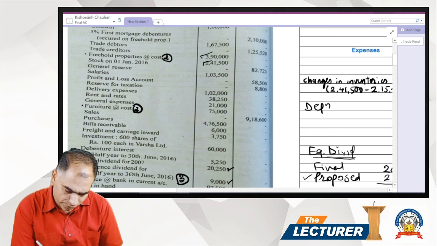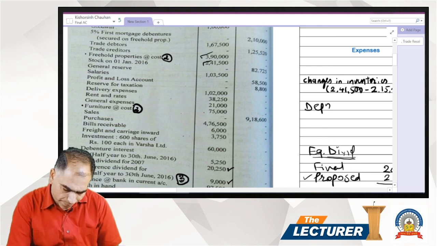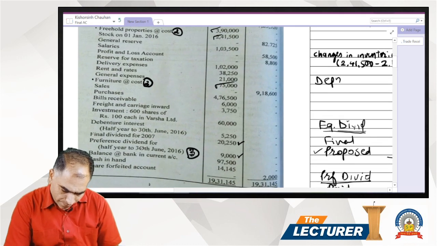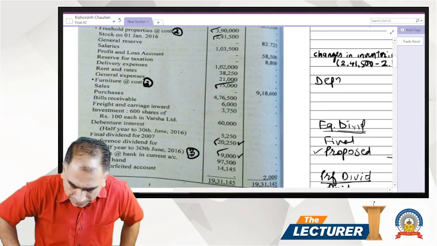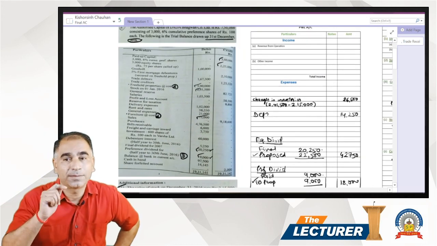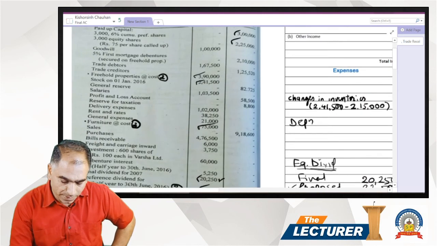We have considered opening stock. We have considered already fixture. We consider dividend 20,000 and dividend 9,000. These are the items which we have already considered, so that anything should not be missed out. દરેક આઇટમ કન્સિડર ટેક કરતું જવાનું જેથી કોઈ આઇટમ બચી ના જાય.